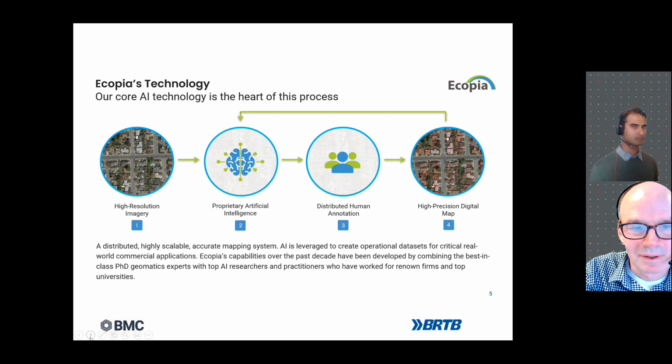The pedestrian network layer is a layer that was provided by Ecopia, purchased by BMC through Ecopia. This slide was provided by Ecopia and shows the methodology for creating that data.